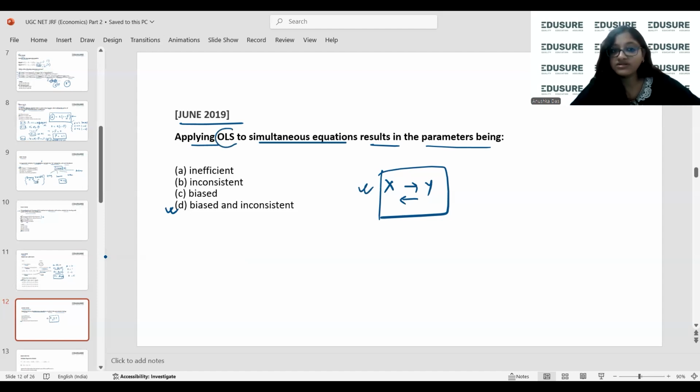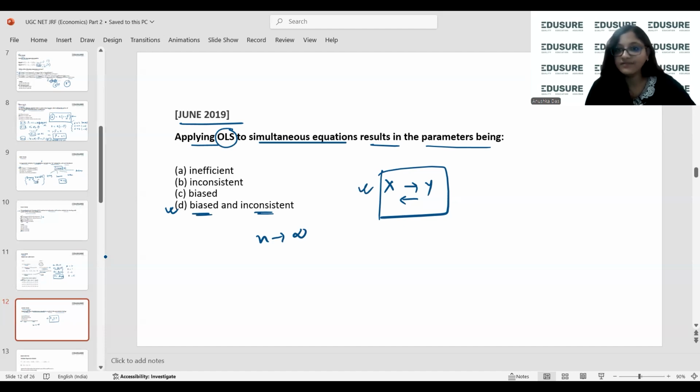And in those models, if you apply OLS, the estimators that you will get will be biased and inconsistent. Bias means the expected value will not be equal to the true population parameter. And inconsistency means as your sample size grows, the bias is not eliminated. Usually, if your sample size goes towards the population size, the bias gets eliminated.